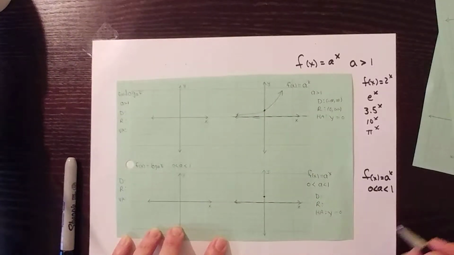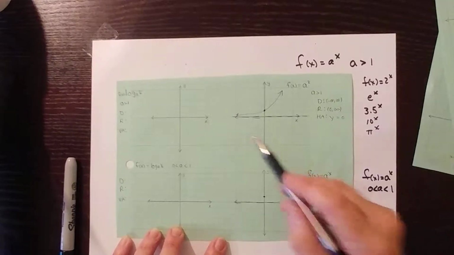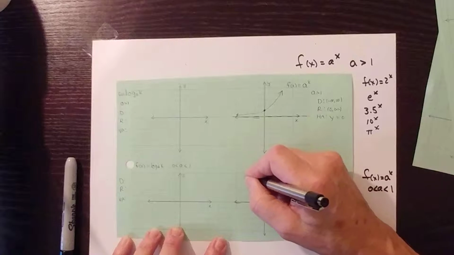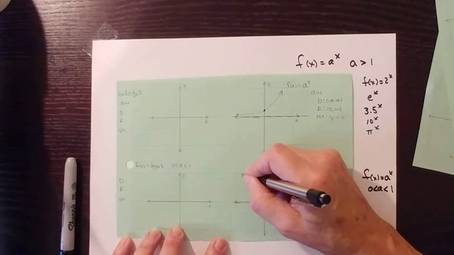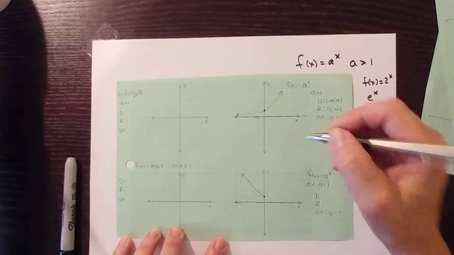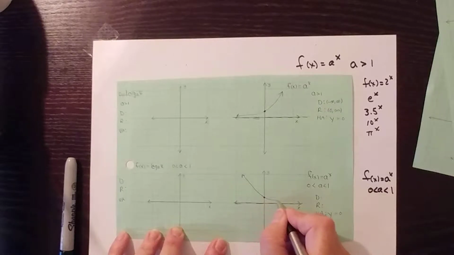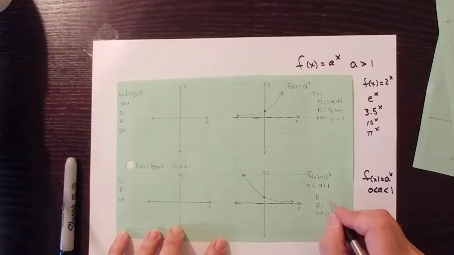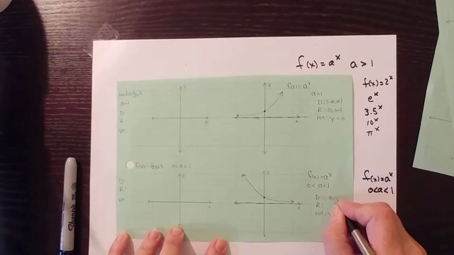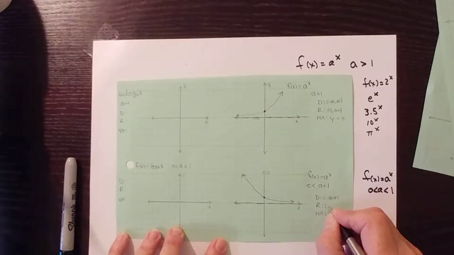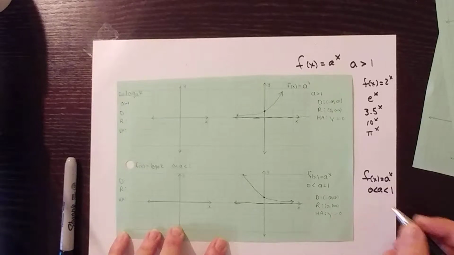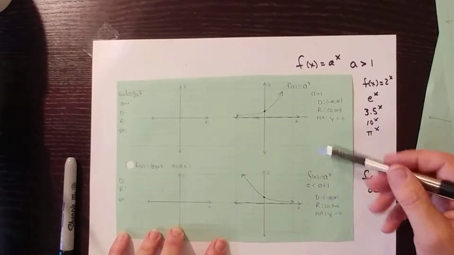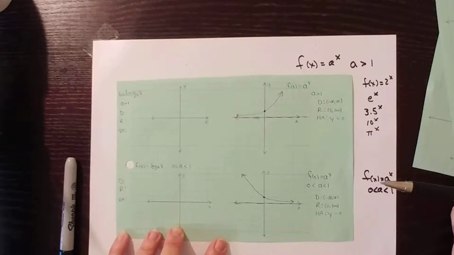The domain and range are the same, but this time, instead of it being an increasing graph, it's a decreasing graph. So it's up over here, and then it's going to come down, and over here is where it's going to begin to hug the x-axis, and this is what this will look like. So the domain is still negative infinity to positive infinity, and the range is still 0 to infinity, but in this case it's decreasing. And you see this a lot when you do applications.